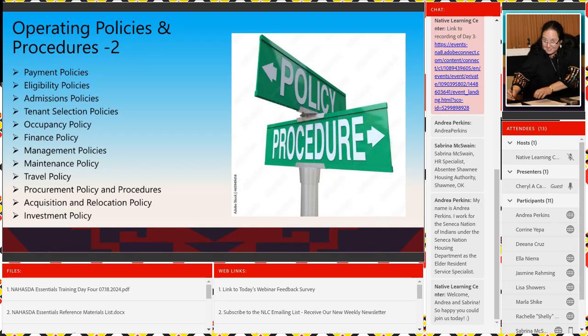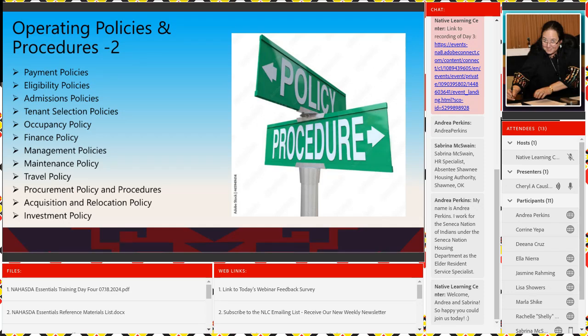So your operating policies and procedures, you have to also make sure that you have policies and procedures covering your payments, eligibility, admissions, tenant selection, occupancy, finance, management policies, maintenance policies, travel policies, procurement policies and procedures.